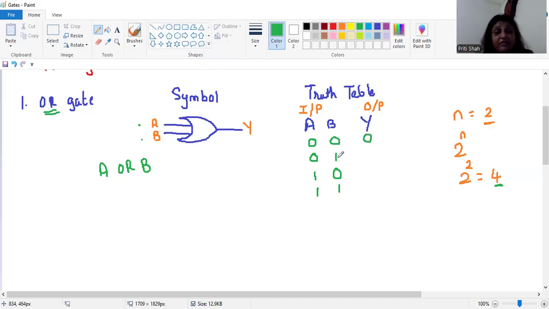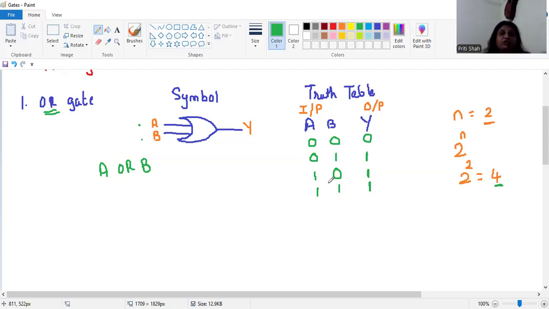But if one of them is present, here the B is present, even though A is absent. So if any one of this is present, the output is present. Here A is present, so the output is present. And here both are present, then in that case also the output is present. So this is the corresponding output for this combination of the inputs.